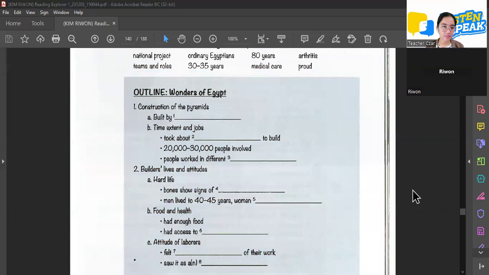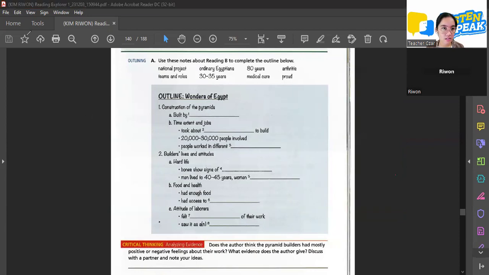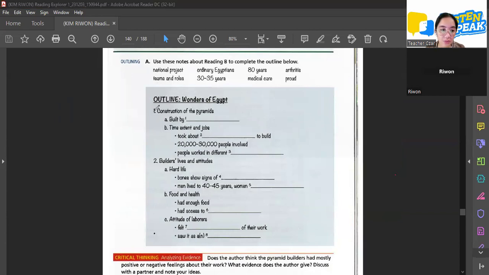Construction of the pyramid, built by... built by 80 years? Okay, so on number 1, we are talking about the construction of the pyramid. So it is built by, by whom?